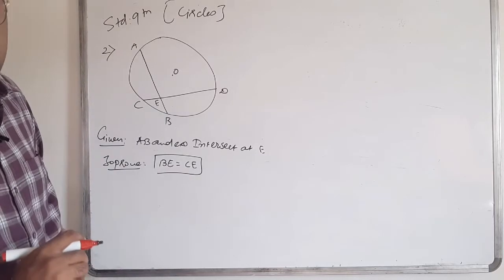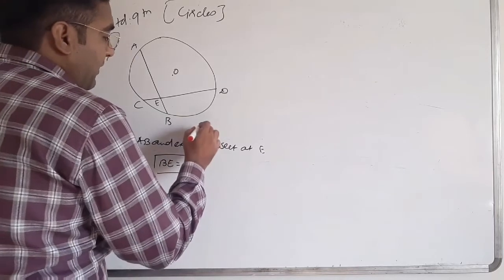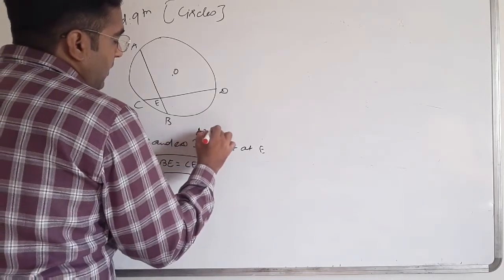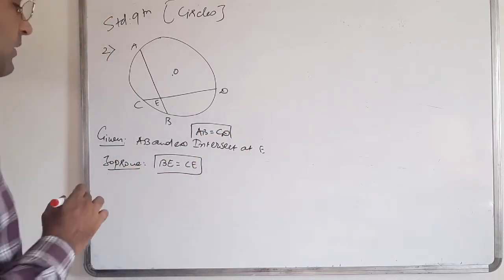Okay, and both of the chords are also equal, so I'll also write that AB is equal to CD is also given. Okay, clear that?